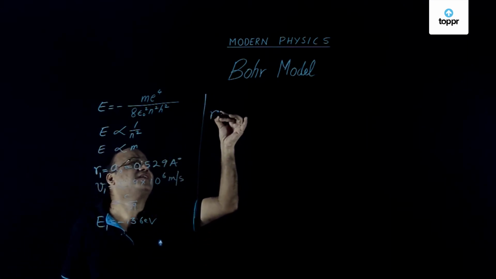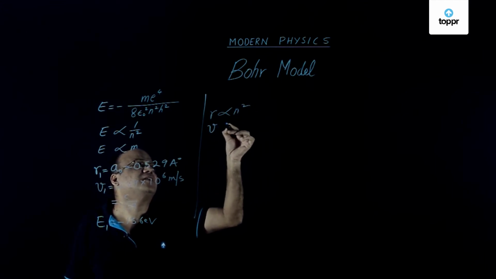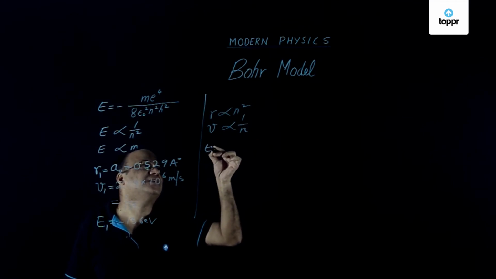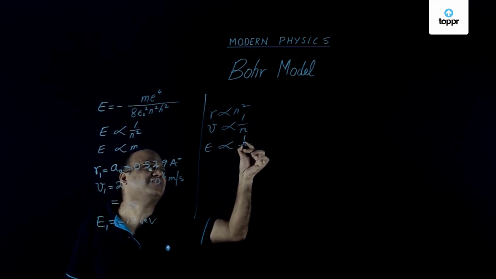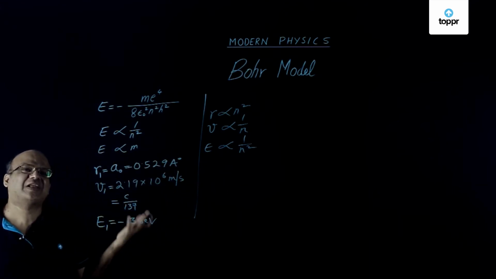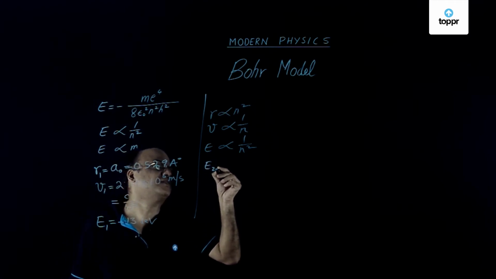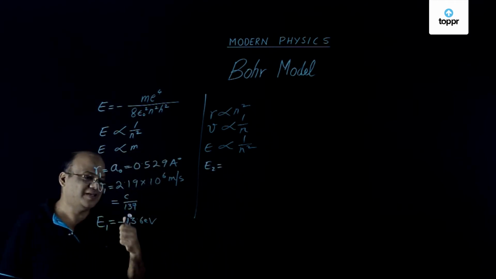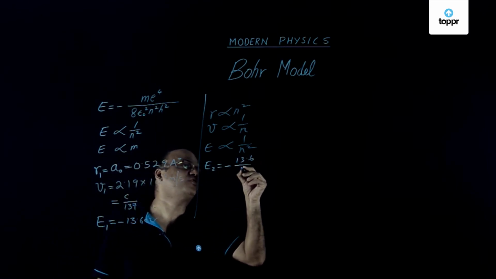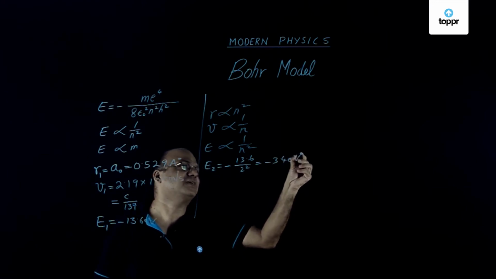Radius we have seen is proportional to n square. Velocity is proportional to 1 by n. Energy is proportional to 1 by n square. So you can find these values for any orbit. For example, energy in the second orbit will be equal to minus 13.6 by 2 square, that is minus 3.4 eV.